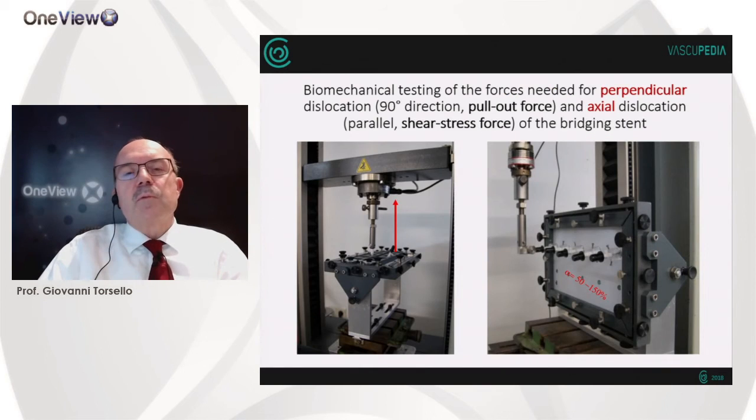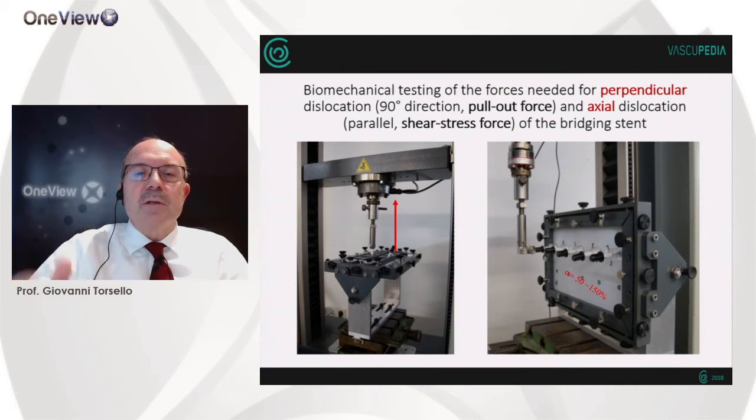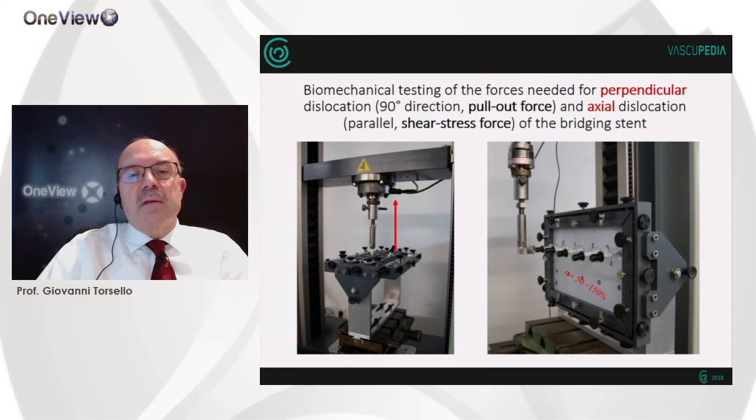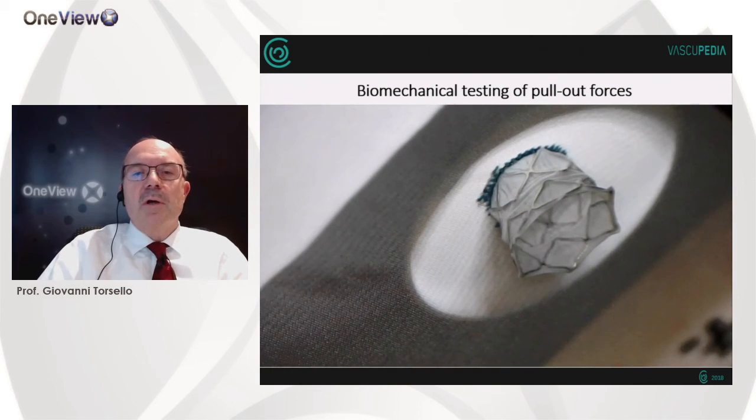The next step was to simulate the situation in the patient. So we provoked a sort of migration of the sheet of the graft, or we pulled the stent outside the sheet, and we measured the forces which were needed for the perpendicular and for the axial dislocation of the stent.